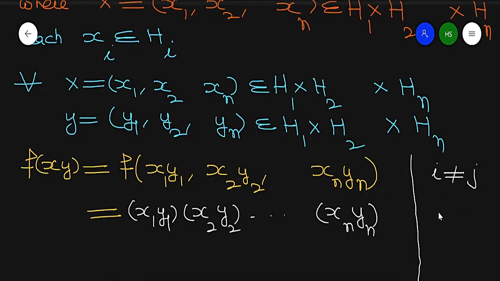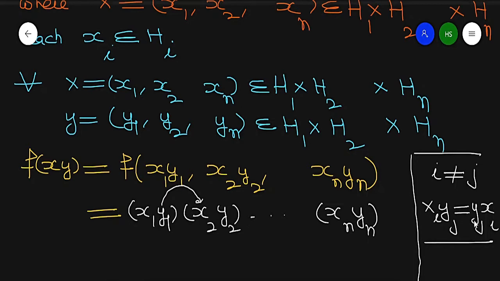So it means xi into yj commutes with yj into xi. By using this property, y1 is shifted to this place, since it is commutative, they commute with each other, and similarly for this product.